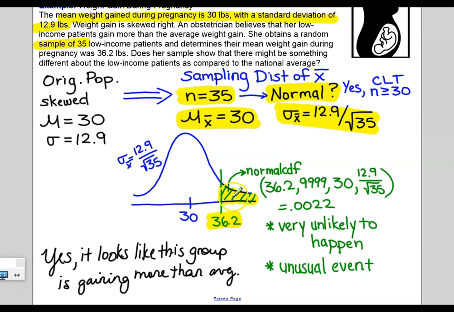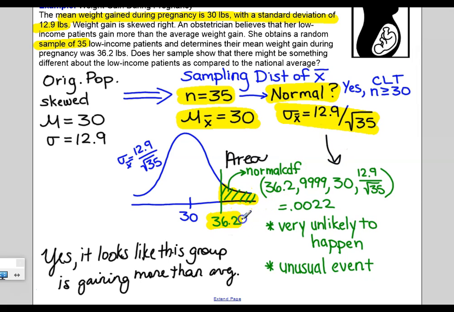The way we're going to do that is find the area, right? And so remember, the area is what tells us the probability or the percentage of the group that fall into that space, right? So to find the area, we're going to use normal CDF using the information we just found here.